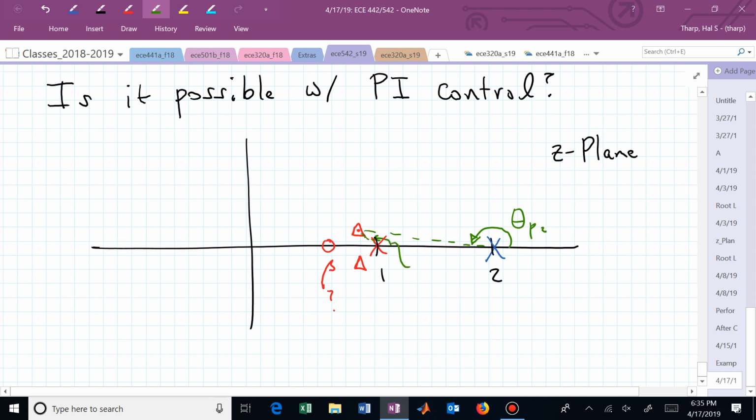These angles are always measured with this positive real line extending to the right from those poles. This is now theta P1. Those are both going to be subtracted away from the angle of my 0, which is right here, and that's now theta beta. Or no, let me just call it theta z.